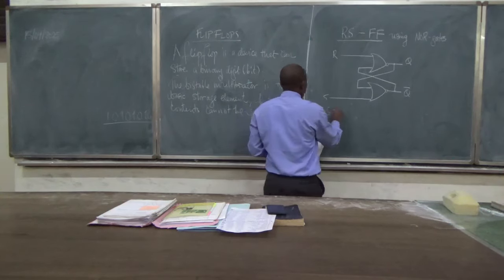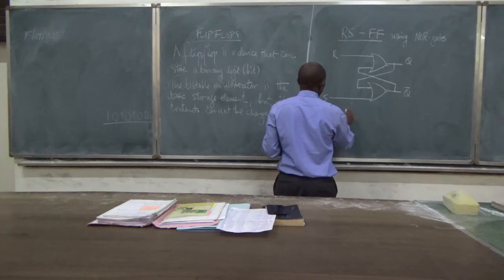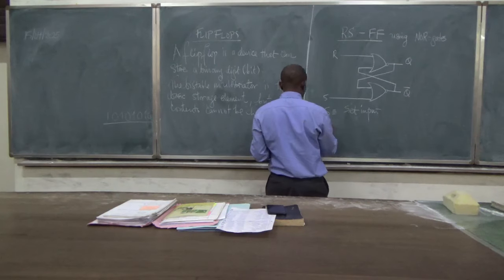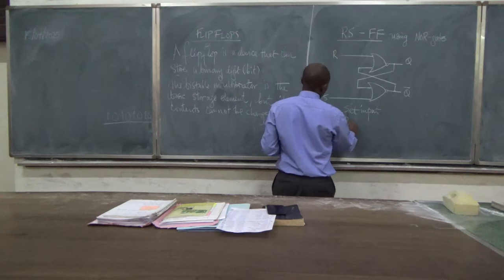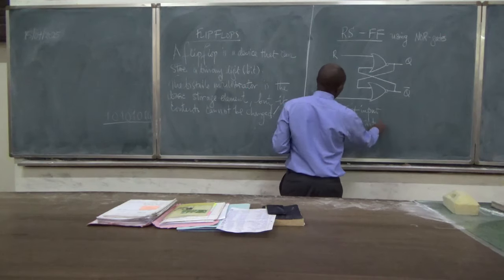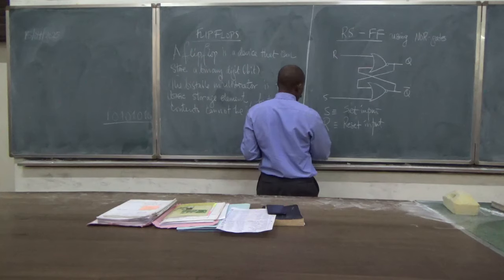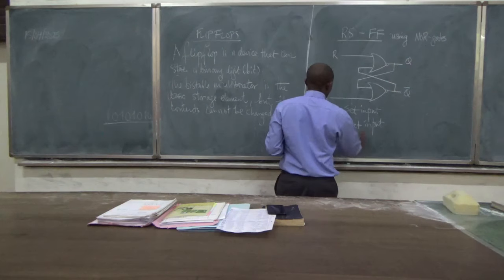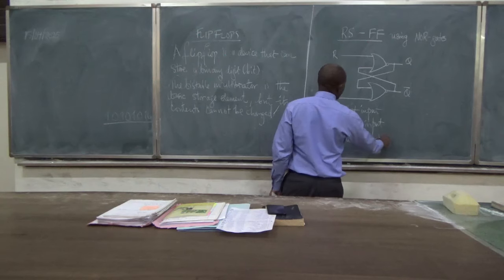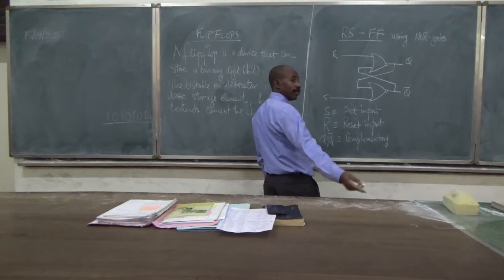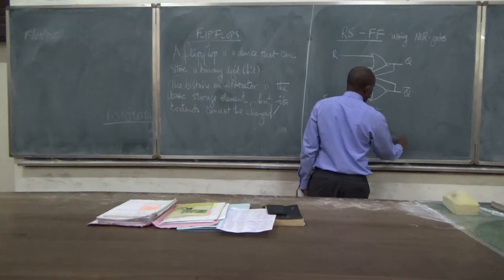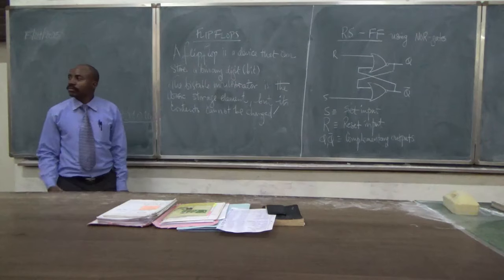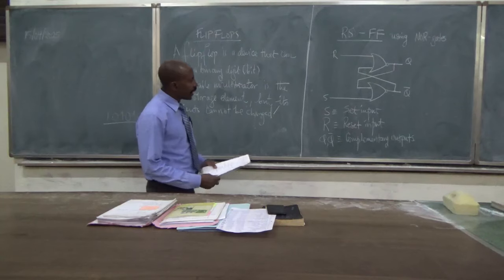So S is the set input, and R is the reset input, and Q and Q bar are the states, which are complementary outputs. Complementary means that when one is off, the other one is on. That's why we call them complementary outputs. They cannot both be on or off. They have to be complementary.